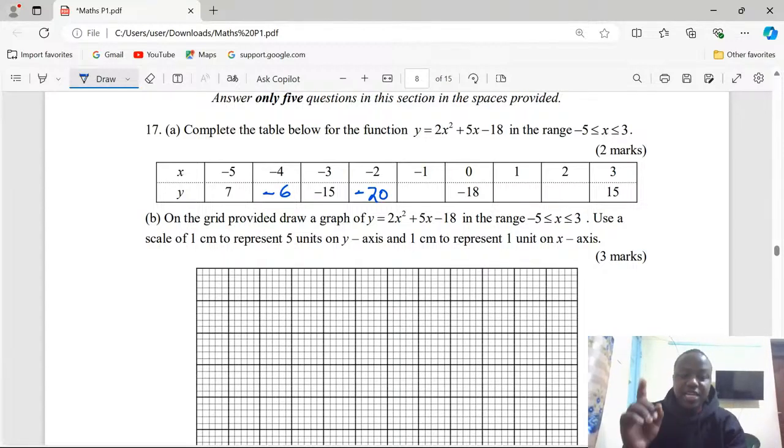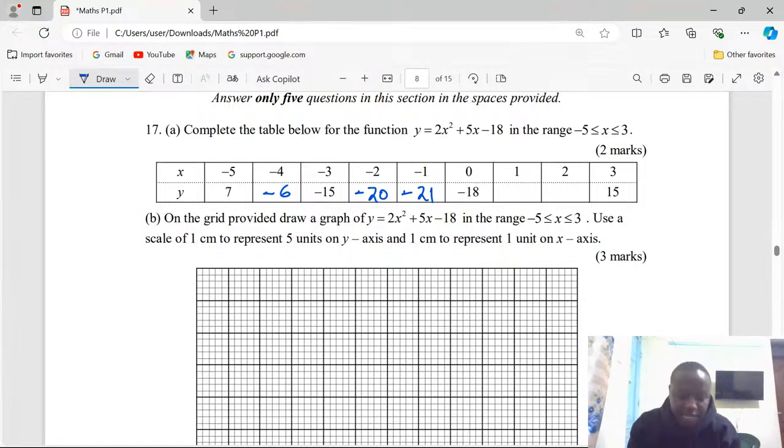We substitute -1 now. Remember, filling this table is 2 marks, and you're just using your calculator and the function provided there. So we start with 2, open bracket, -1 squared, plus 5, bracket, -1, then minus 18. This is giving us exactly -21. At 0, we have -18.